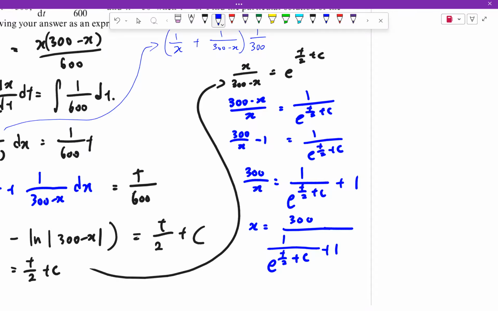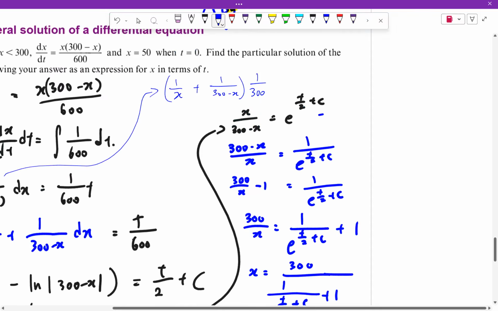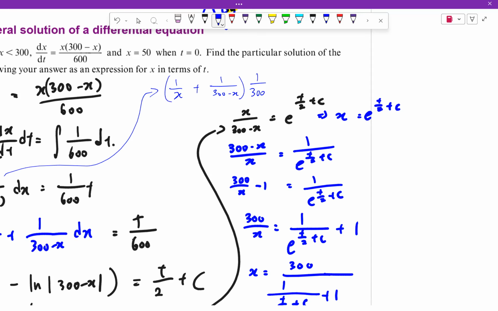But of course, you can use multiplication. You multiply both sides through, and you can get x equals e to the power of t over 2 plus c times 300 minus x, and then you move this part to the left. So this is a second method.